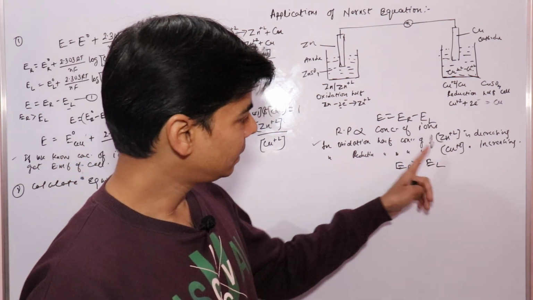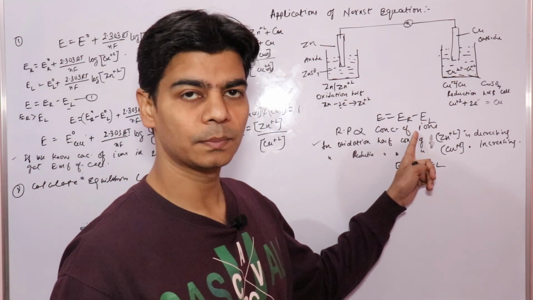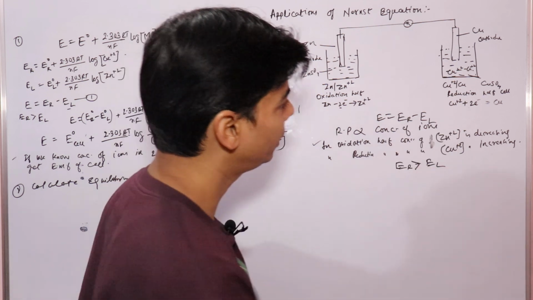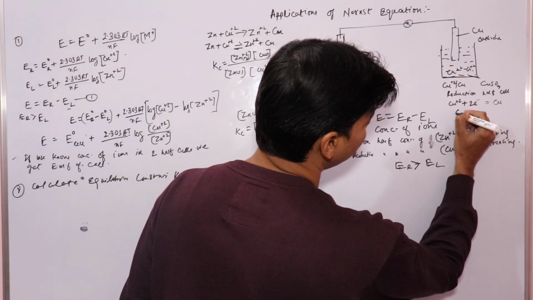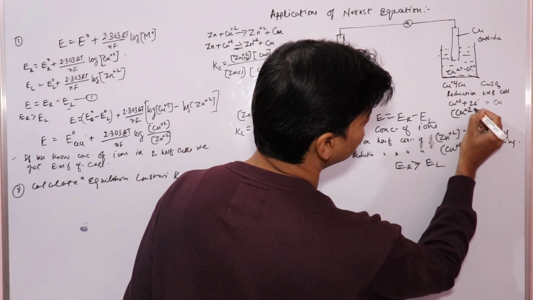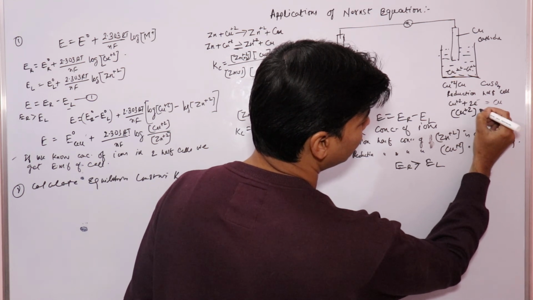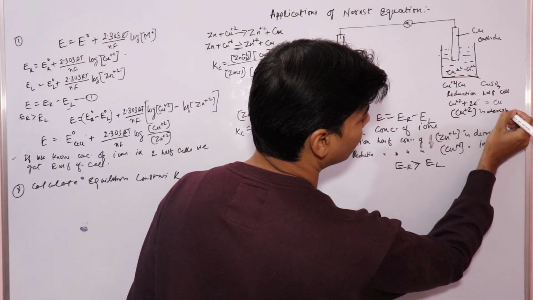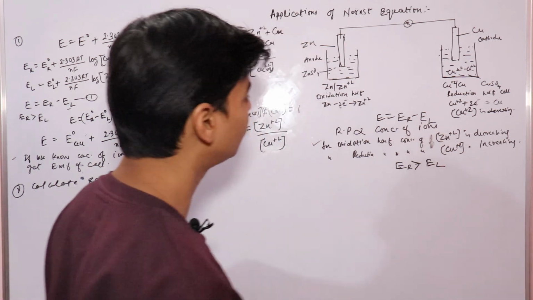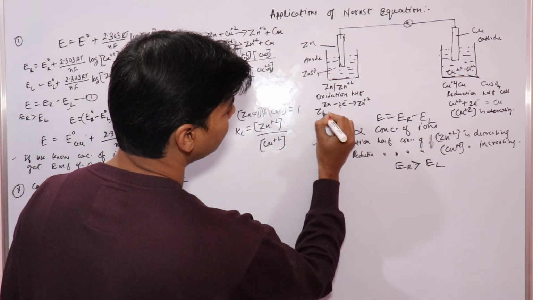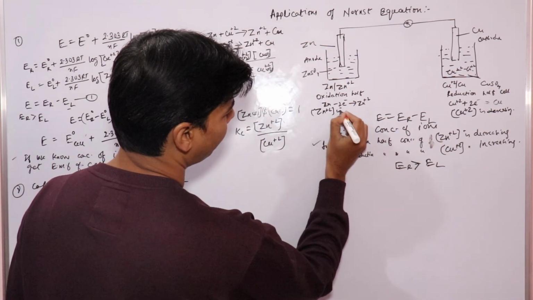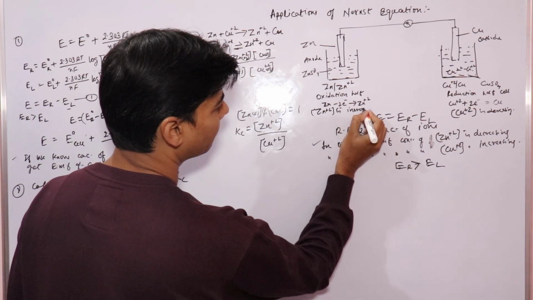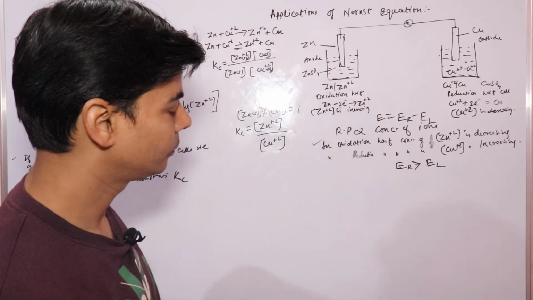But we said that reduction potential is directly proportional to the concentration of ions. So here the concentration of copper ions is going down, and here the concentration of zinc ions is increasing.